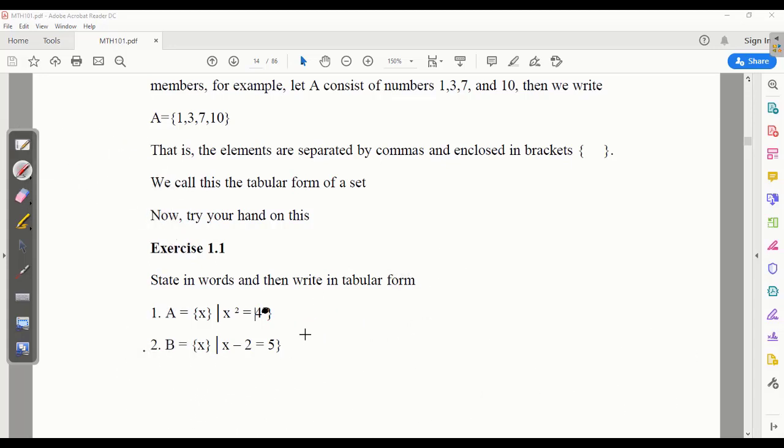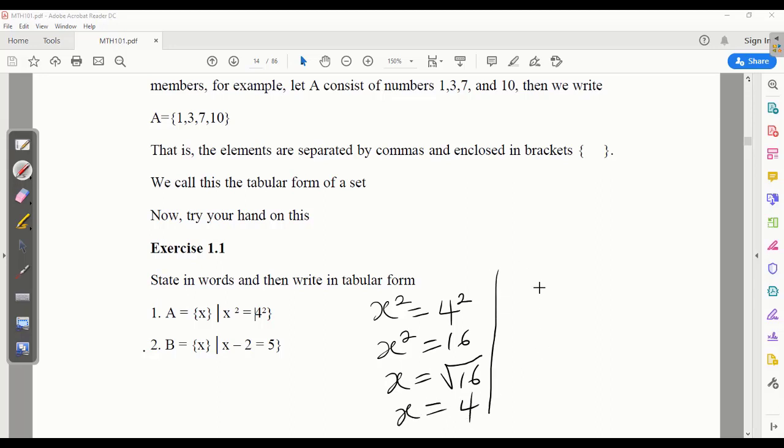But if we're going to go by what we're given in this example, it said x squared is equal to 4 squared. This automatically becomes x squared is equal to 16. So x is equal to square root of 16. X is equal to 4.